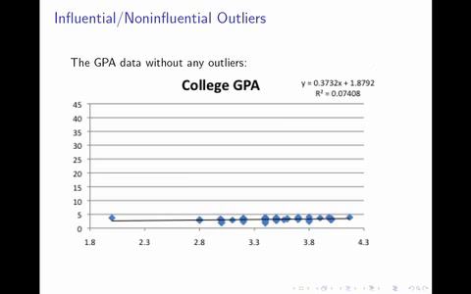Let's practice interpreting those. That slope, approximately 0.37, tells you each time the high school GPA goes up by 1, you should expect college GPA to go up by about 0.37. In other words, if I had a B average in high school and you had a C average in high school, so I was 1 point GPA higher than you, I would expect in college that I would probably have a higher GPA than you.